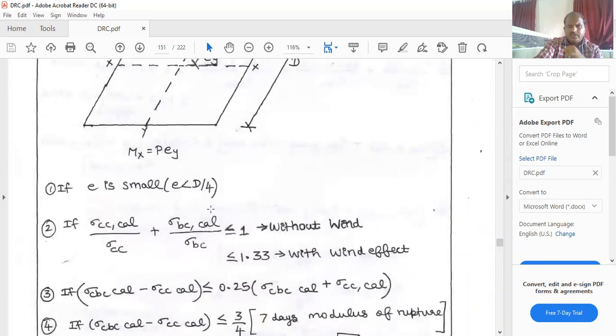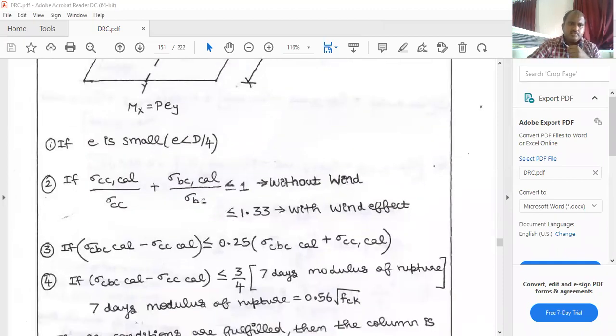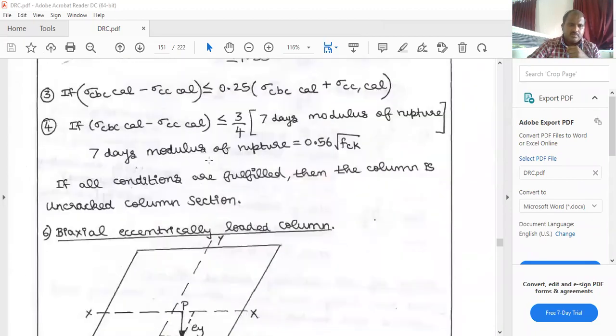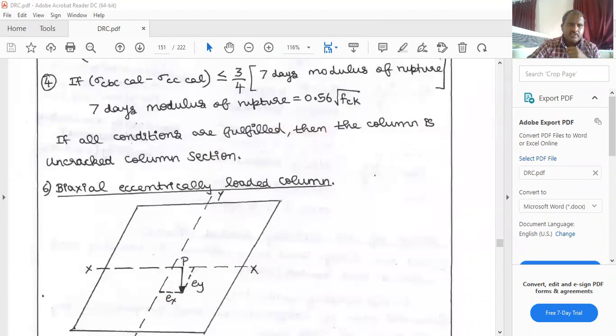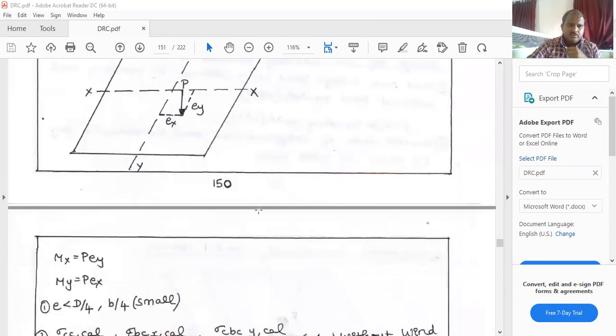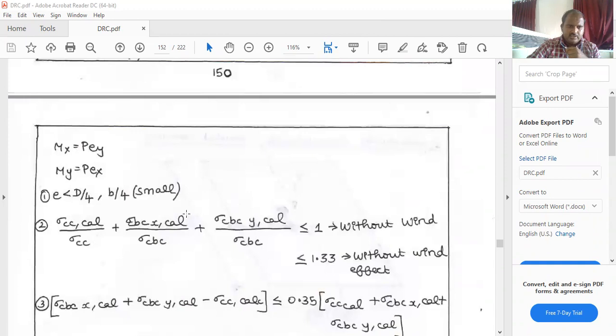And if e is small, these are the conditions of the columns. And next one is biaxially eccentrically loaded column, and then the condition.